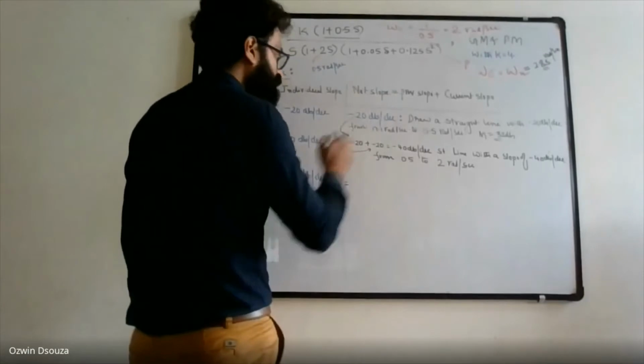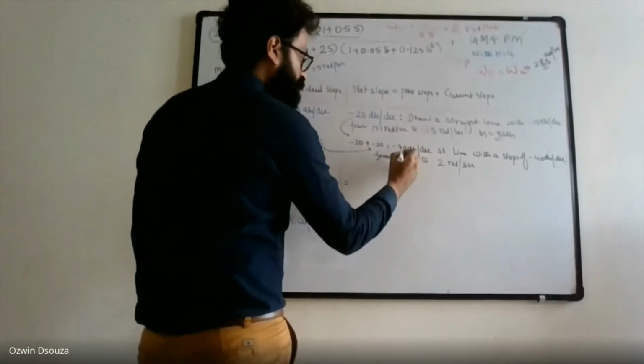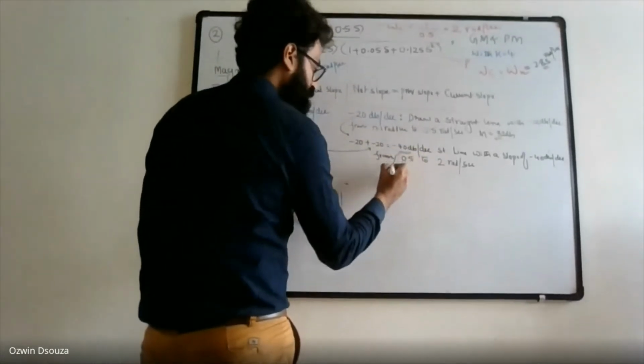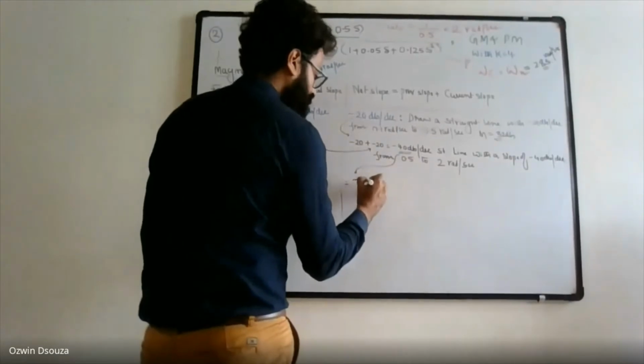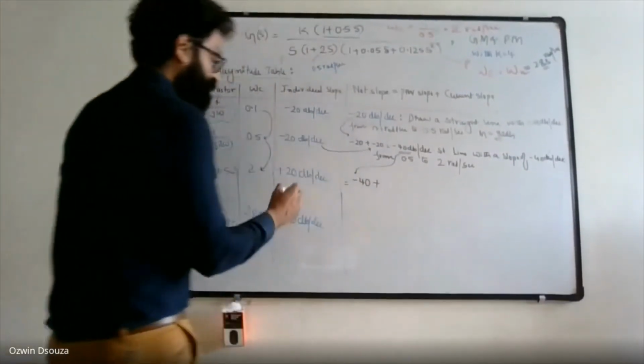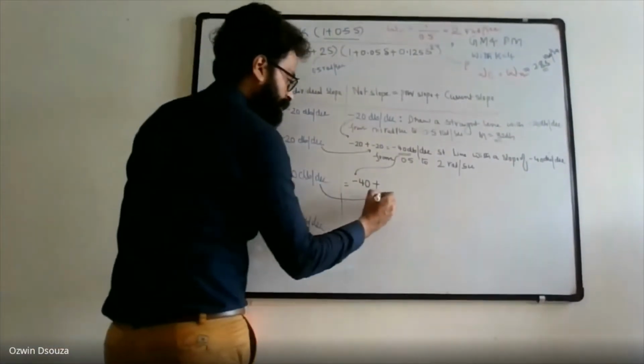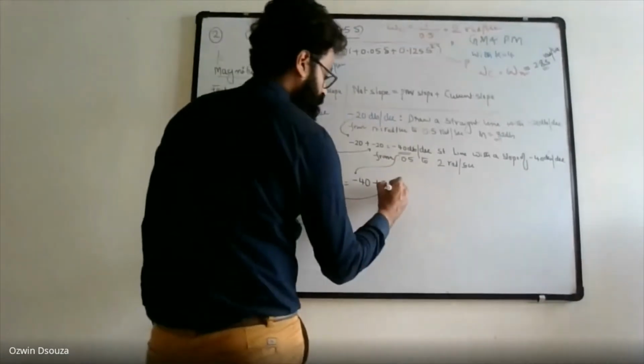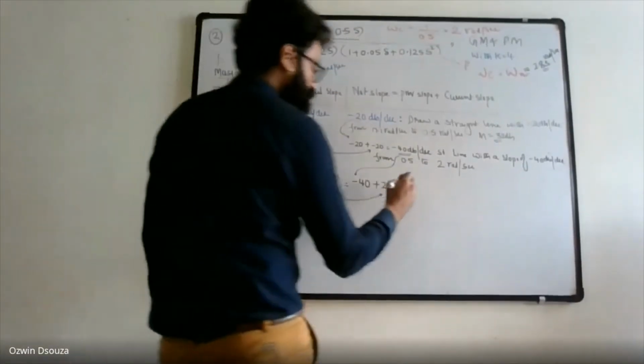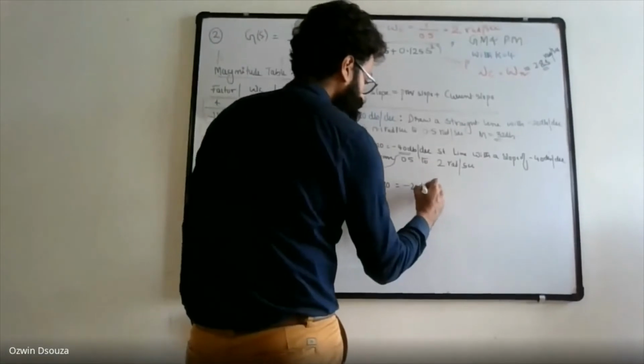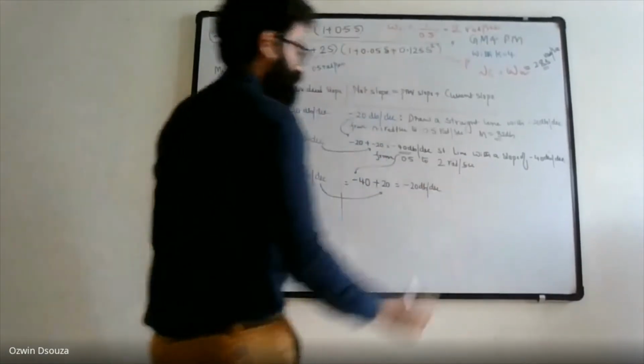Third factor, well, we have the individual slope as 20 decibel per decade, due to which the next slope becomes previous slope. What was your previous slope? It is minus 40, plus the current slope, which is plus 20. So the next slope becomes minus 20 decibel per decade.